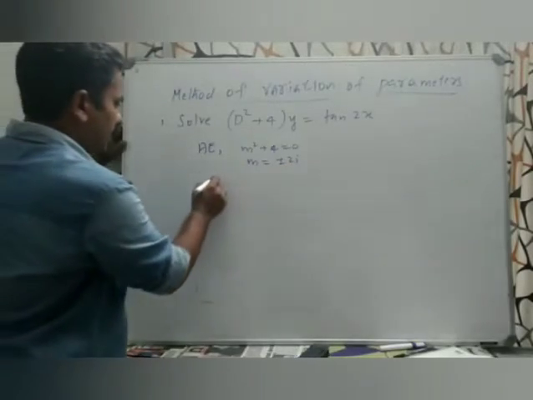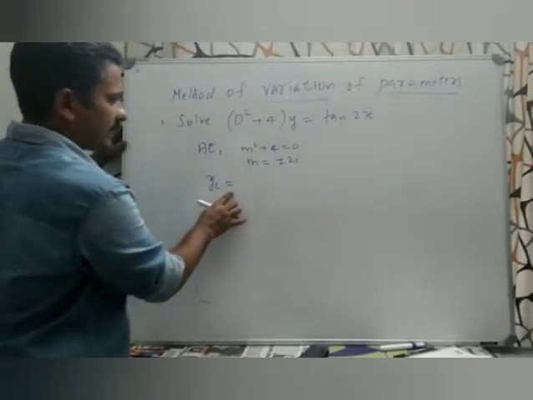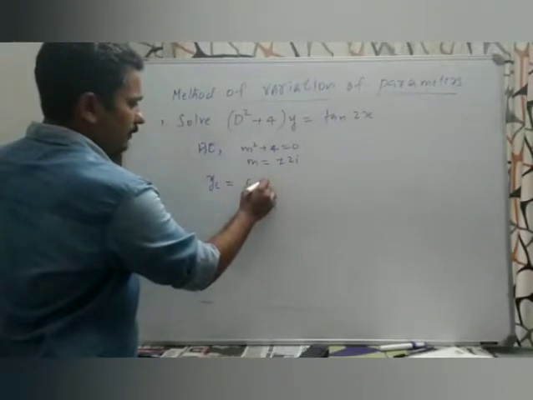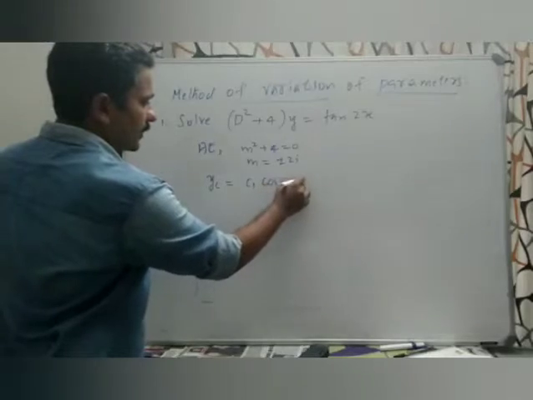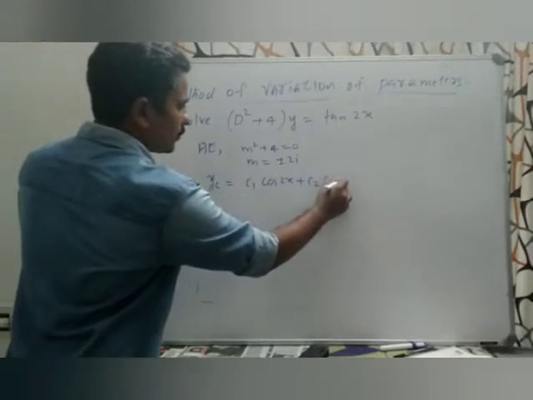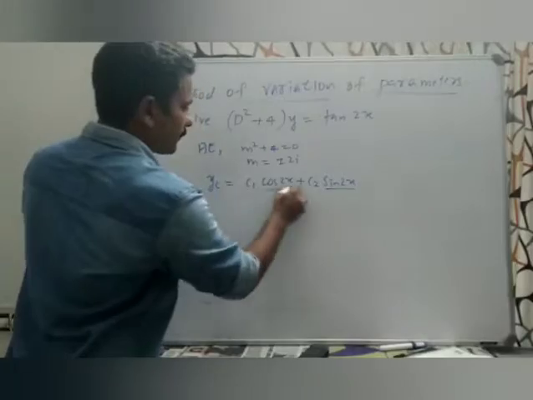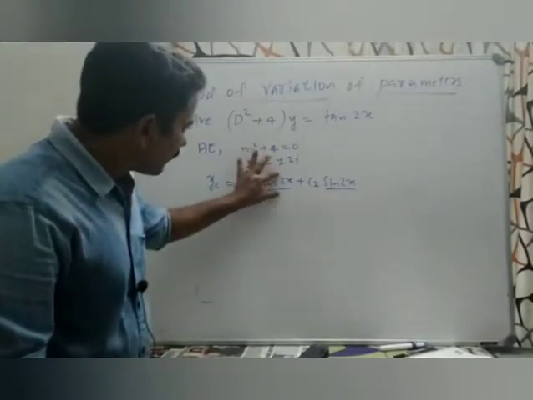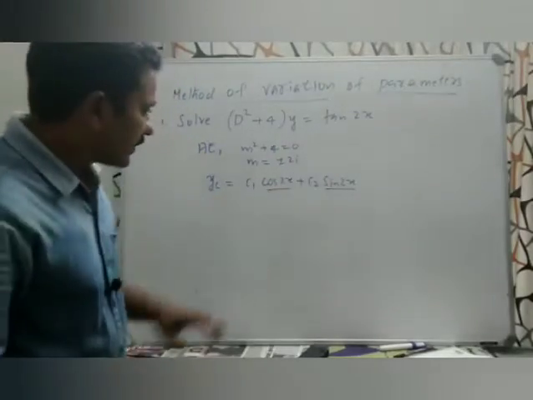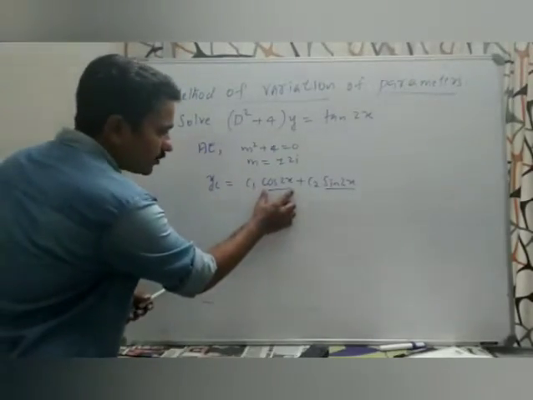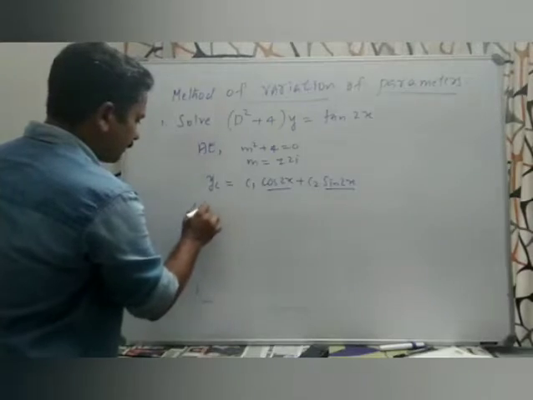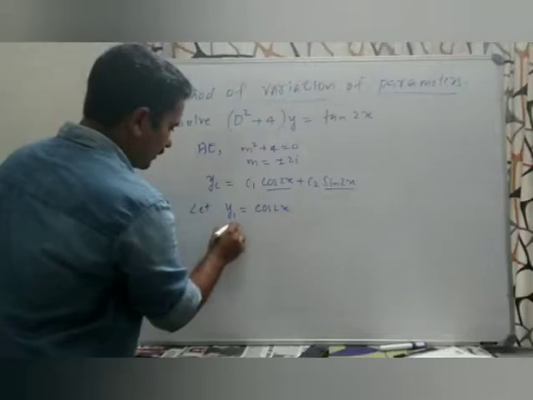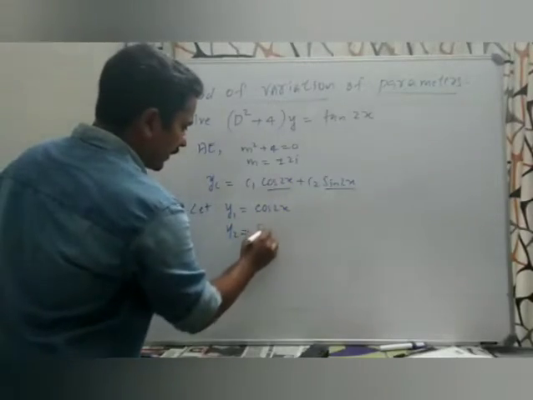Therefore, the complementary function yc is, these are complex roots, so we'll get c1 cos 2x plus c2 sin 2x. This is the general form, like c1 y1 of x plus c2 y2 of x. So you can choose y1 of x as cos 2x and y2 as sin 2x.